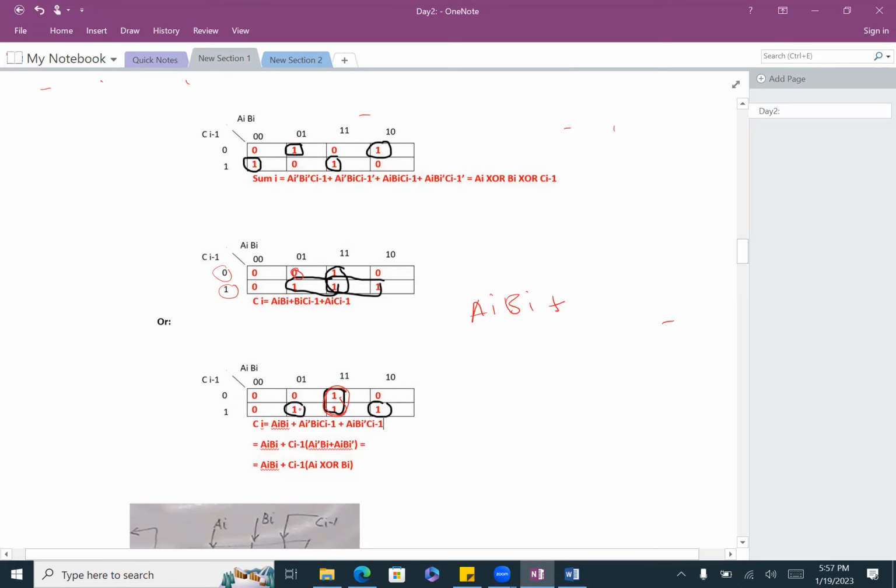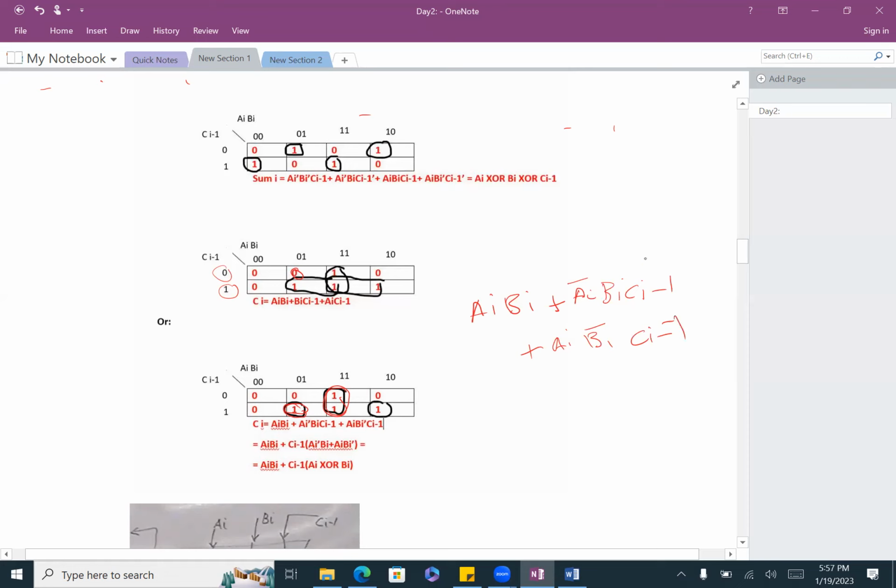Now let's take this one. It will be AI bar, BI, CI minus 1, or, correct? Then we have AI, BI bar, CI minus 1, all right?